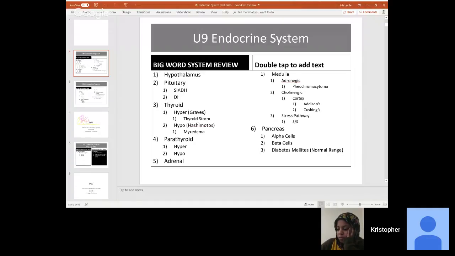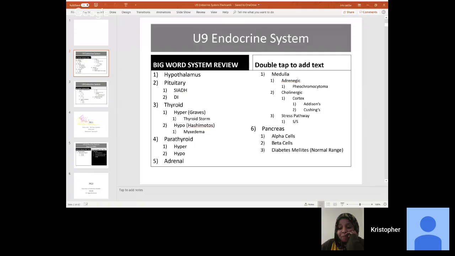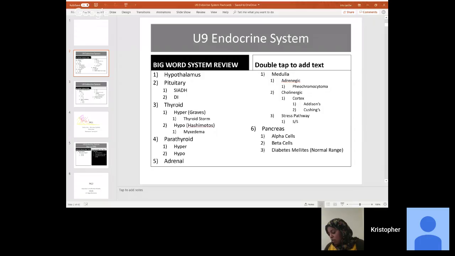And then Zakia, the last one we haven't talked about, which one is it? Okay, so we had sugar, salt, sex. We covered sugar, we covered salt, and now we've got sex, which are called androgens. So the three kinds of hormones on the cholinergic side of the adrenal gland system are cortisol, aldosterone, and androgens, which are our sex hormones.